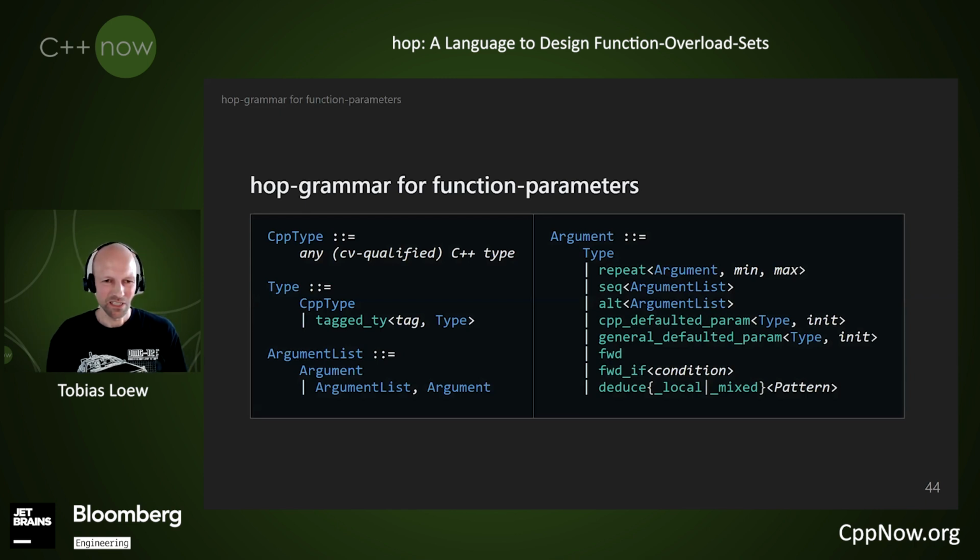So here is more or less the grammar of how to build the parameters. So you see the repeat, alt, sequence, the defaulted, forward and deduce. And of course, we don't see the adapted stuff because they are not used to build up types.